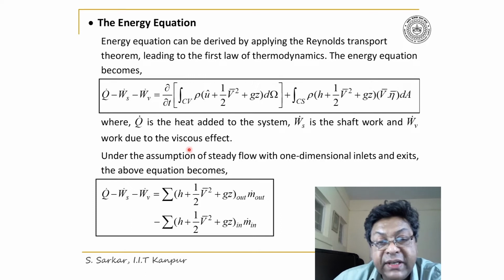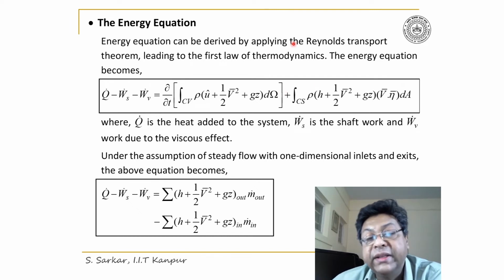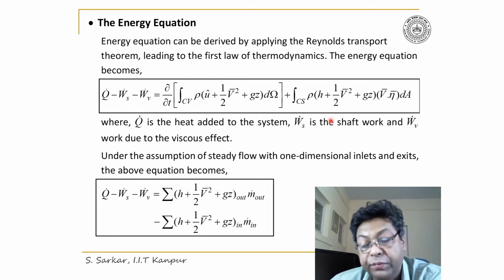So the first term in this equation represents the energy of the control volume, and the second is the energy flux out of the control volume because of the flow.